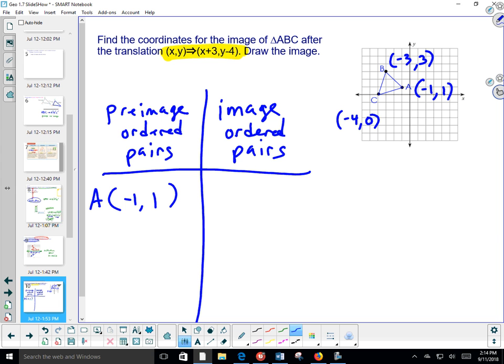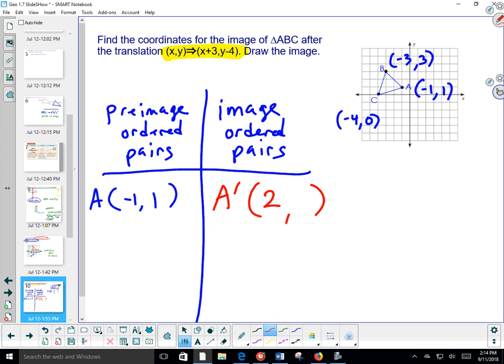So that means I'm going to put it into this little machine, if you will, where it takes every x and adds 3 to the x, and it takes every y and subtracts 4 from the y to get our new point, which I'm going to call A prime, and that new ordered pair is going to be what, Elizabeth? 2, and then 2. Let Elizabeth answer. And 3.